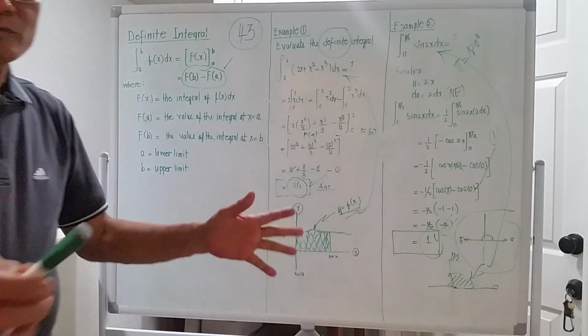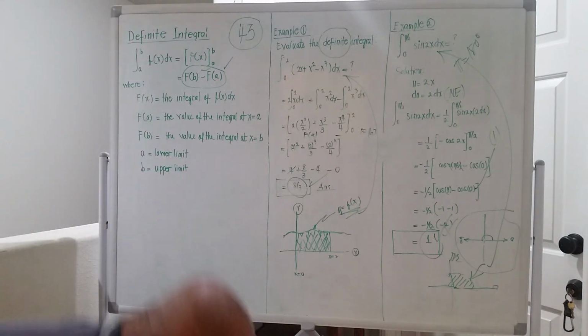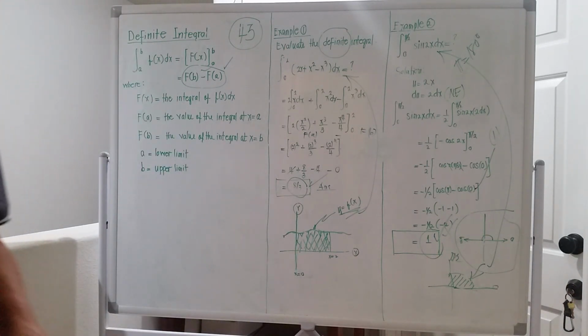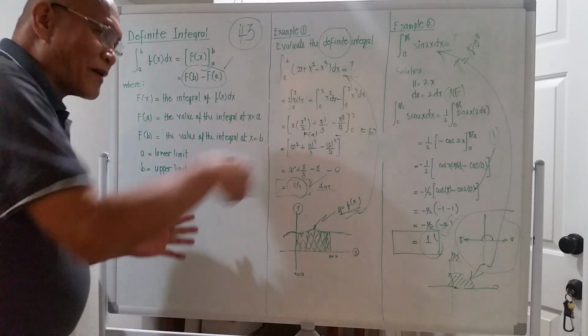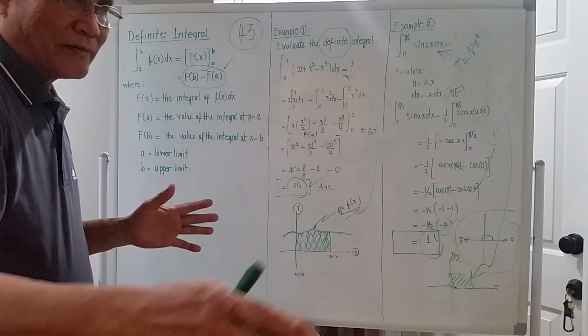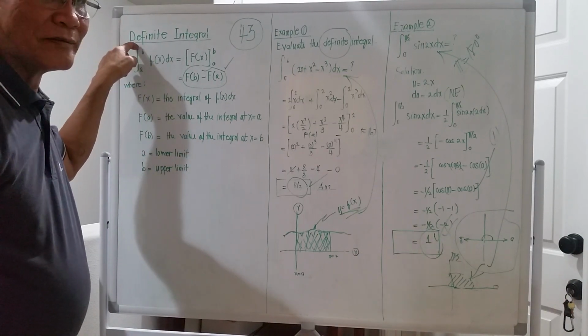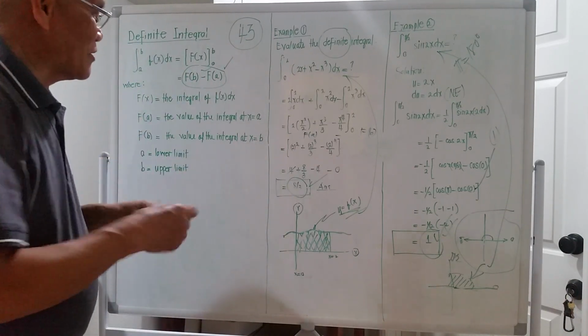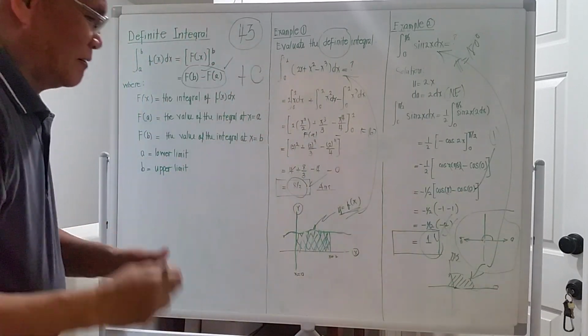Oh, as simple as that, guys. Sorry for that. That's a definite integral. It's not so hard. You are just given an integral. It's named definite because it has a lower limit and upper limit. So you eliminate the plus c in the final answer. No plus c.